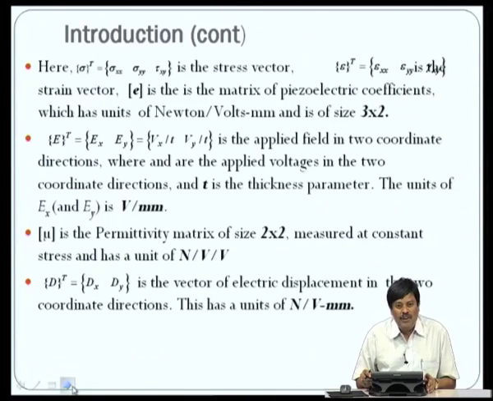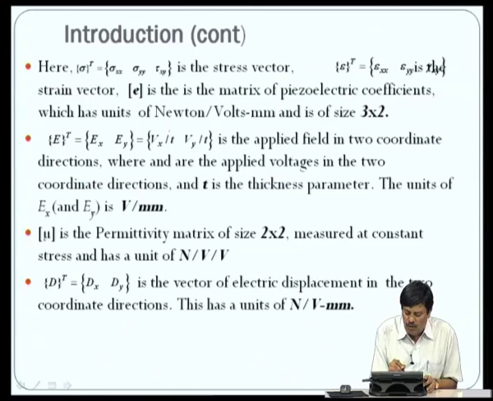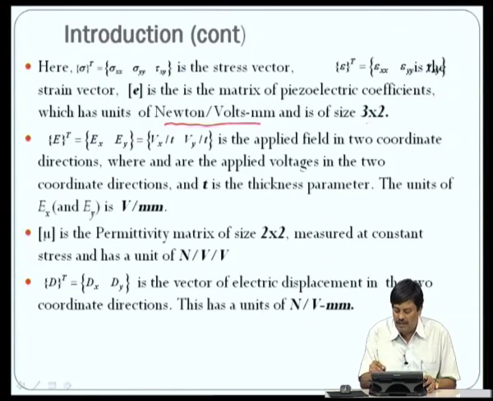In the above expression, E is the matrix of piezoelectric coefficients, which has a unit of Newton per volt millimeter and is of size 3x2. The electric field is in the two directions, Ex and Ey, which is related to the voltage and the thickness of the structure, T. Vx and Vy are the applied voltages in the two coordinate directions.